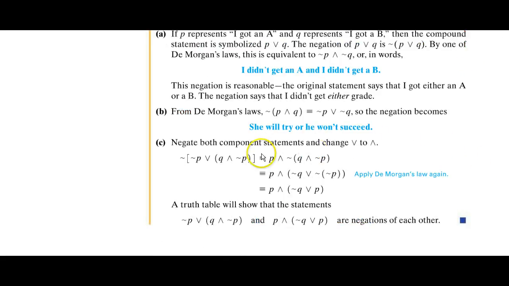And in the third one, they have it laid out. It's a little more complicated, but we see the negation of a negation. This is an or, this is an and, it's equivalent to this. So eventually, they are negations of each other.